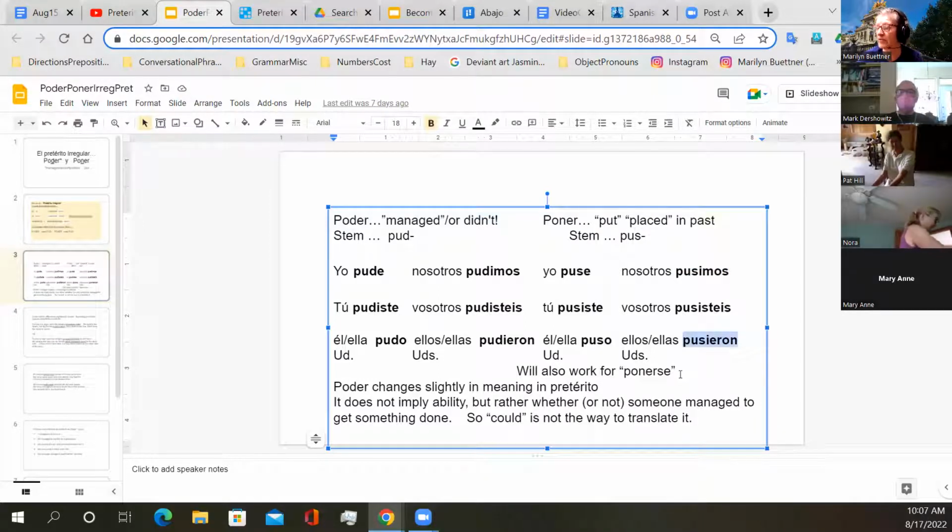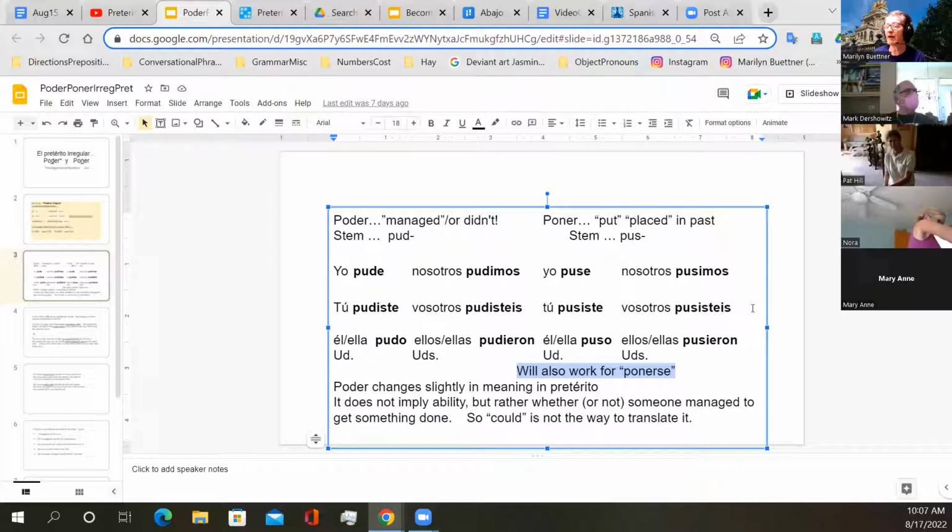And this will work the same if we use poner not just to put, but as in ponerse, like put on. So we use these forms of poner both for placing something in a certain area, putting something away in some place.